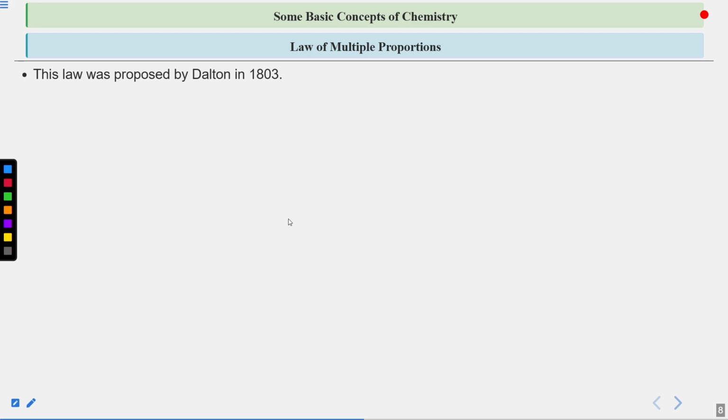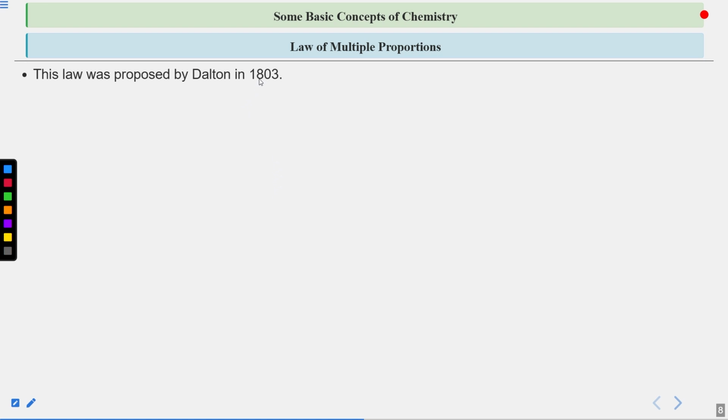Our next law is known as the law of multiple proportions. Now, this law is somewhat complex to understand because its statement is a bit unclear. But if you look at its example, things become more visible.